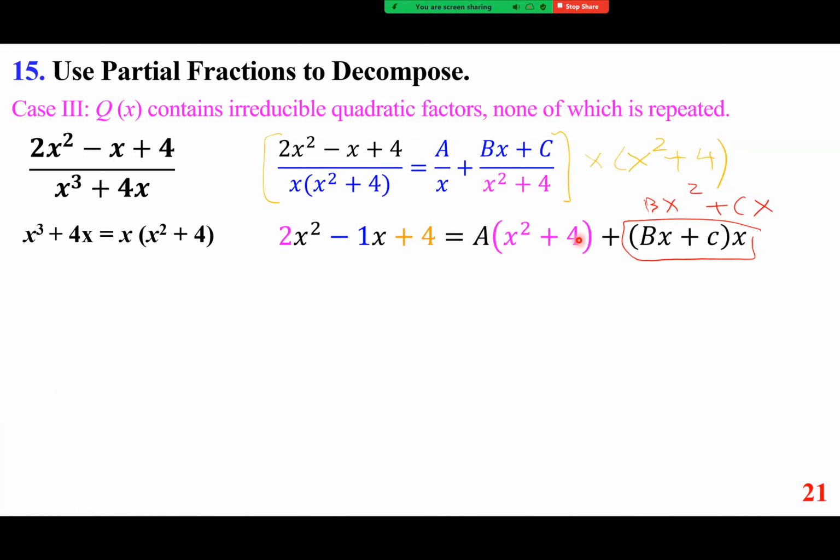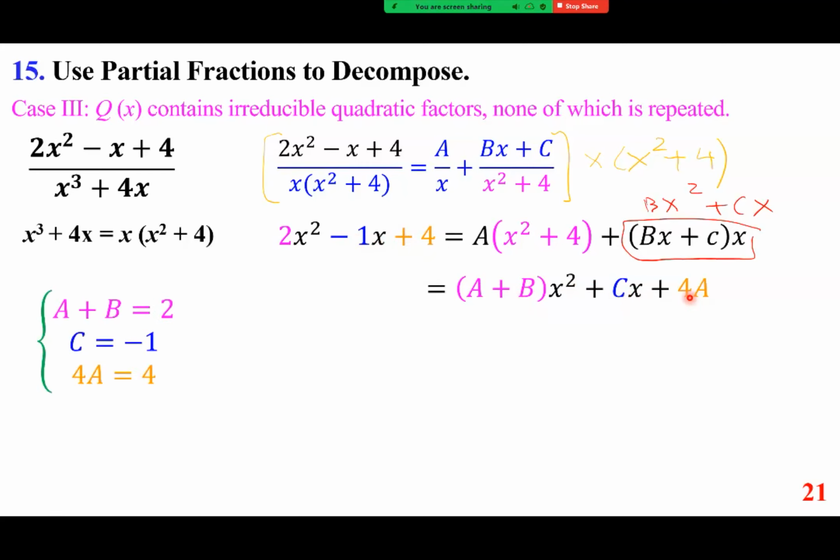So a plus b times x squared, x only c, and then 4a. Now, x squared has a coefficient of 2, so a plus b must be 2. x has a coefficient of negative 1, so c must be negative 1. The constant is 4, so 4a must be 4.